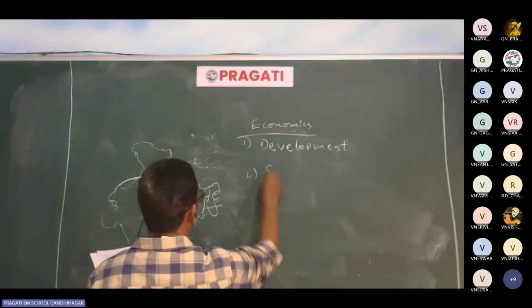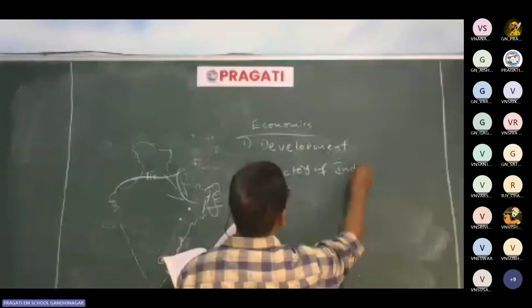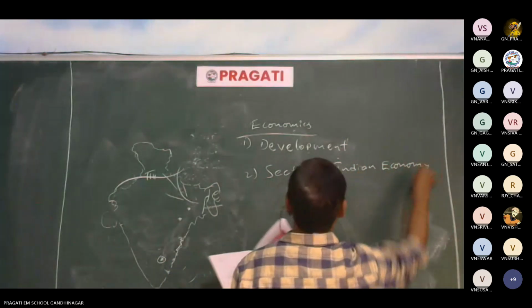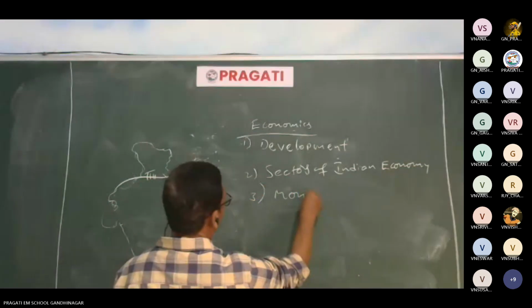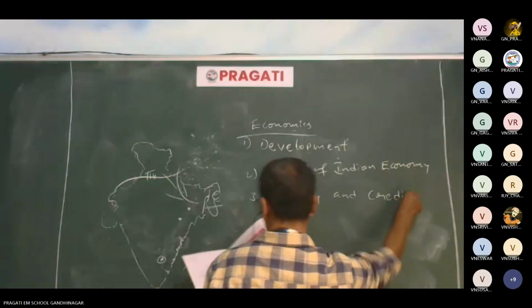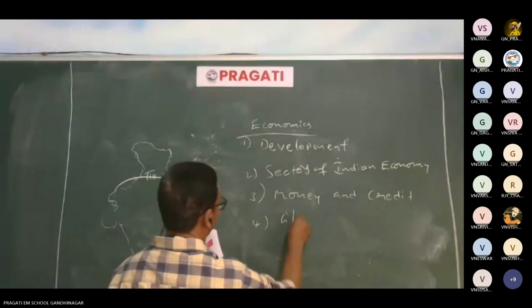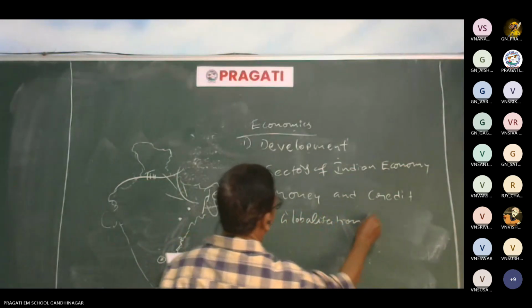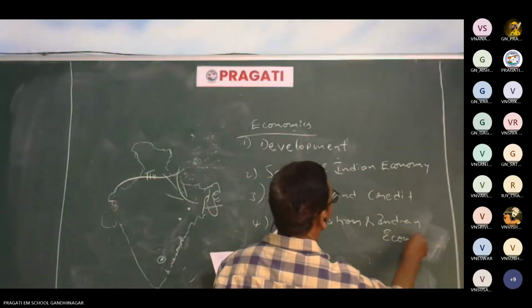Second one, sectors of the Indian economy. Third one is money and credit. Fourth one, globalization and the Indian economy.